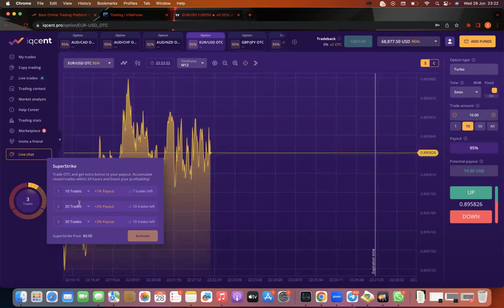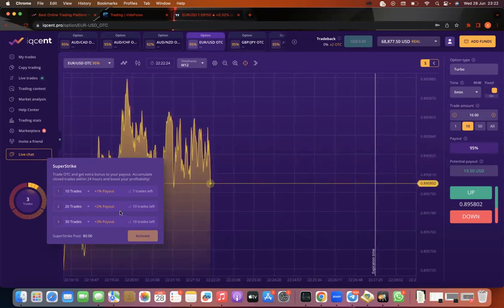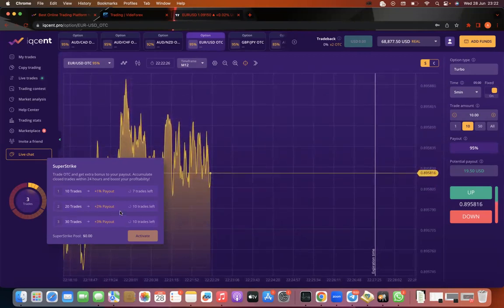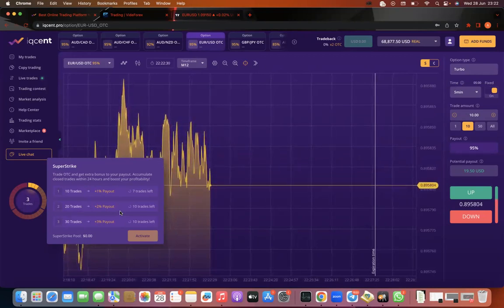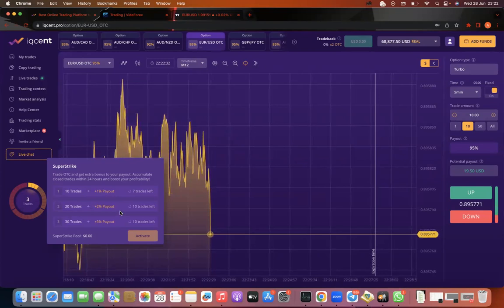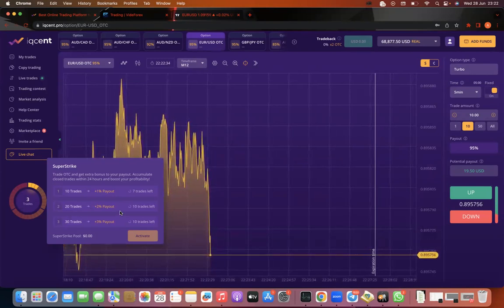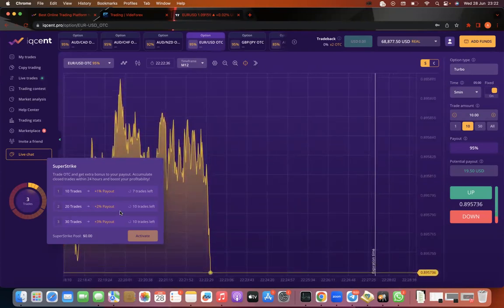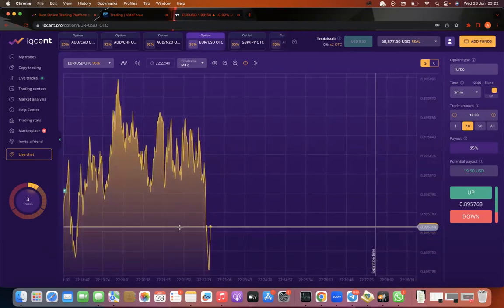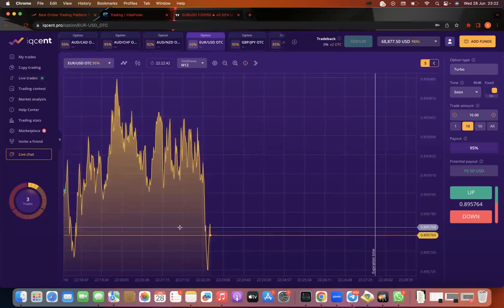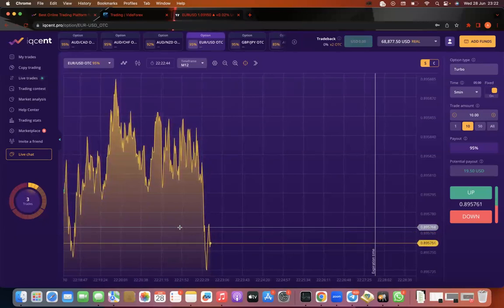If I take 20 trades on this pair within 24 hours, I'm going to have an additional 2%, taking it to 97%. If I take 30 trades, I'll have an additional 3%, taking it to 98%. That is one of the ways to get up to 98% payouts, all right?